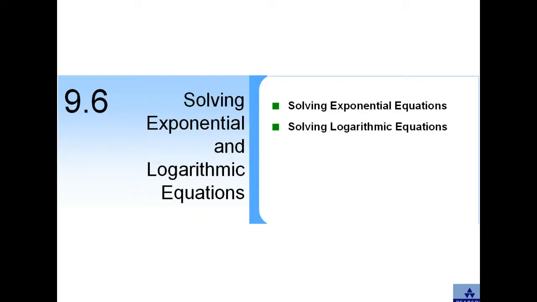We're going on now to the PowerPoint slides of Chapter 9, Section 6, Solving Exponential Equations and Logarithmic Equations.